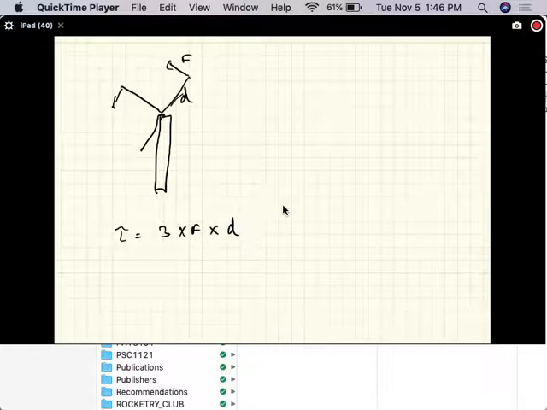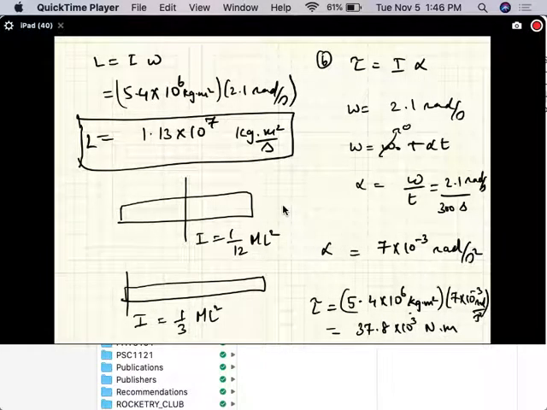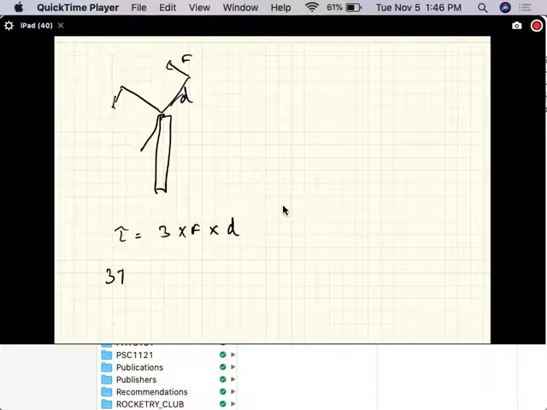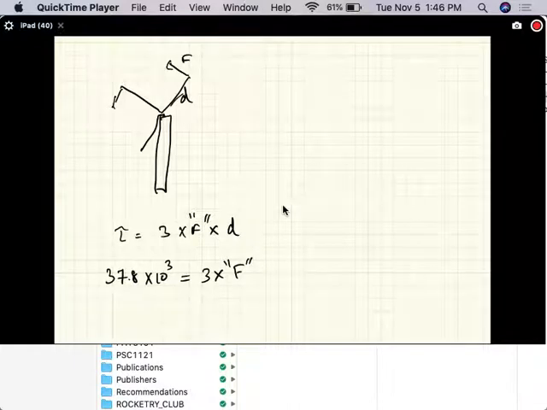So we have 37.8 times 10 to the 3 equal to 3 times that force times 30 meters. This will just give you a sense for this.